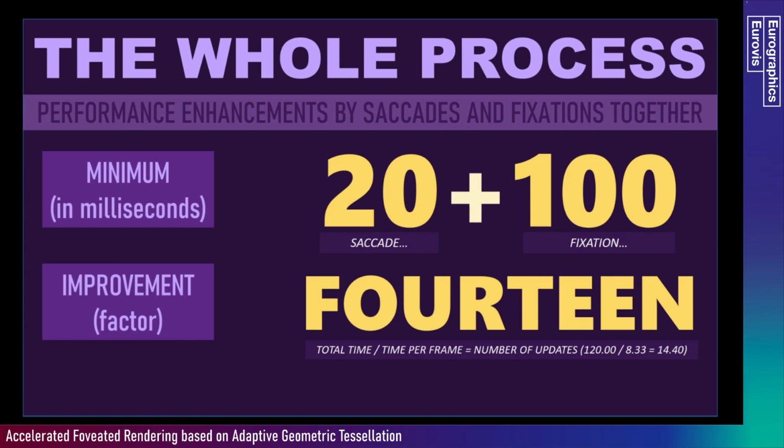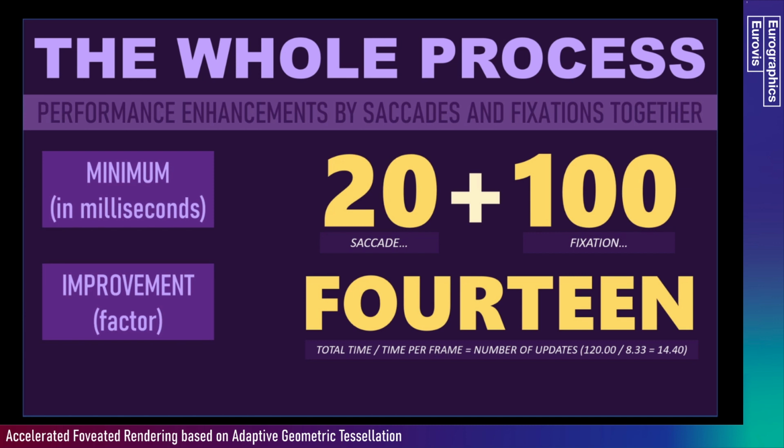Now consider that a saccade and fixation occurred together. The minimum time for a saccade is 20 milliseconds and the minimum time for a fixation is 100 milliseconds. The minimum total for the whole process, therefore, is 120 milliseconds. During this time, the screen will be updated around 14 times for a 120 Hz display.